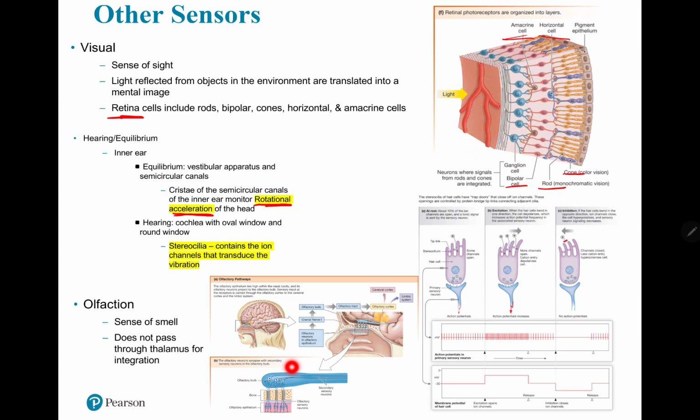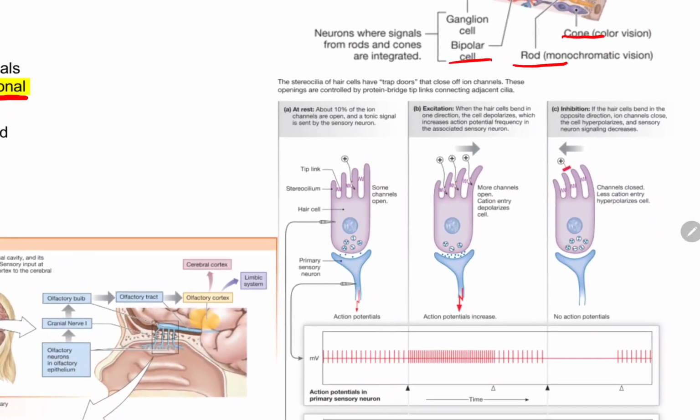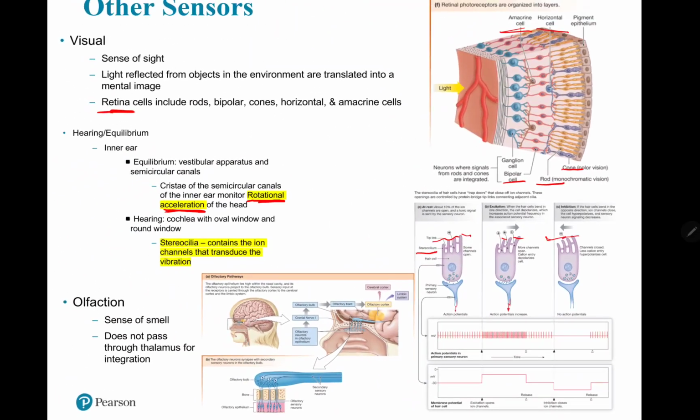But within the cochlea, you can see the stereocilia, and you can see the movement of that stereocilia. The stereocilia contain ion channels that are able to transduce the vibration coming into our ear, and that's how we sense hearing.